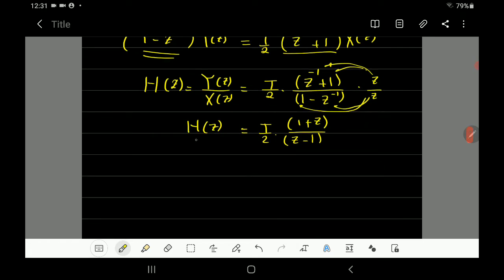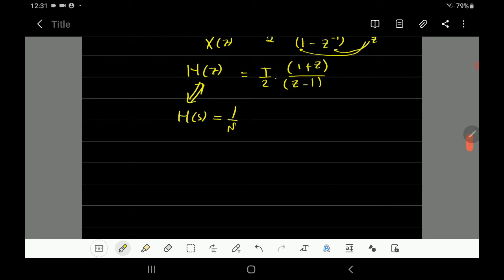So that should be equivalent to our H(s) that we started with. Remember, H(s) was 1 over s, the integration. So 1 over s is equivalent to what we got here, T over 2 times z plus 1 over z minus 1.